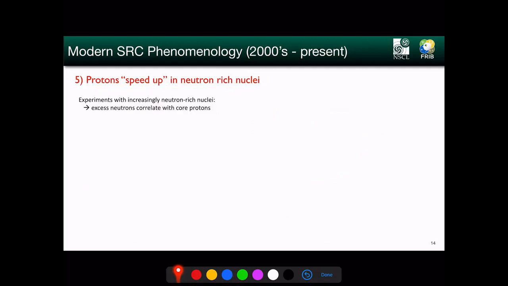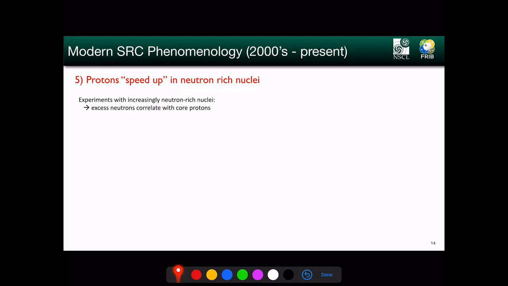And then the other bit of standard SRC phenomenology is this notion that protons speed up in neutron-rich nuclei, at least in this intermediate range of momenta where the tensor force is dominating. Again, the idea is that you have an equal number of neutrons and protons kicked up above the Fermi level.